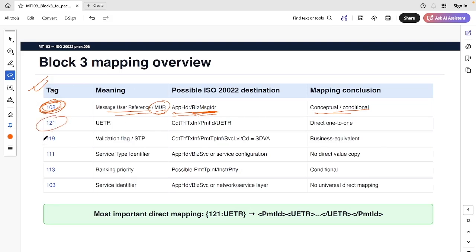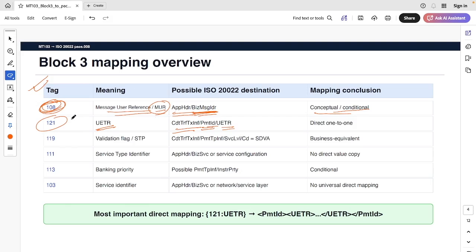Field 121. Field 121 contains the UETR, unique end-to-end transaction reference number. This is the clearest direct mapping we can see between MT103 Block 3 with pacs.008. The MT103 value in field 121 moves to the credit transfer transaction information element, and inside it we have a payment identification, and inside payment identification it's a UETR element.